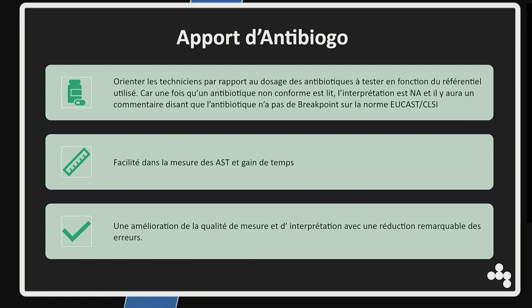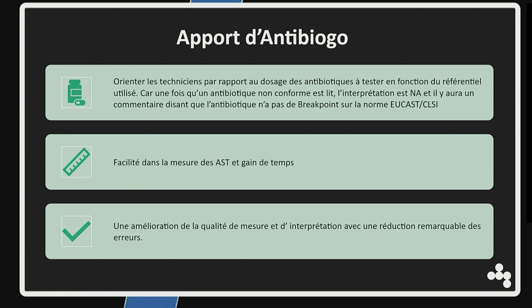We had to measure, we had to find the critical breakpoint to interpret the results. And now all those steps are fully integrated in Antibiogo. All you have to do is measure the inhibition zone, and it gives you the interpretation. It really saves a lot of time in the labs.